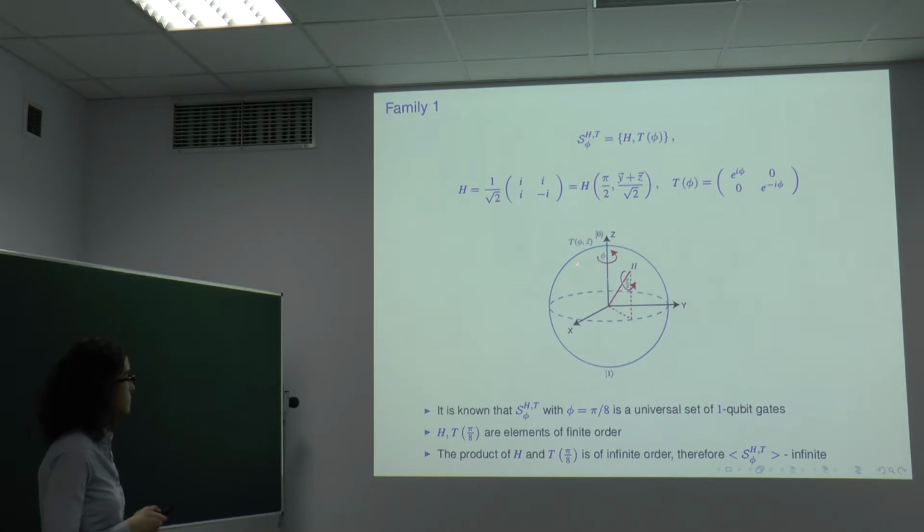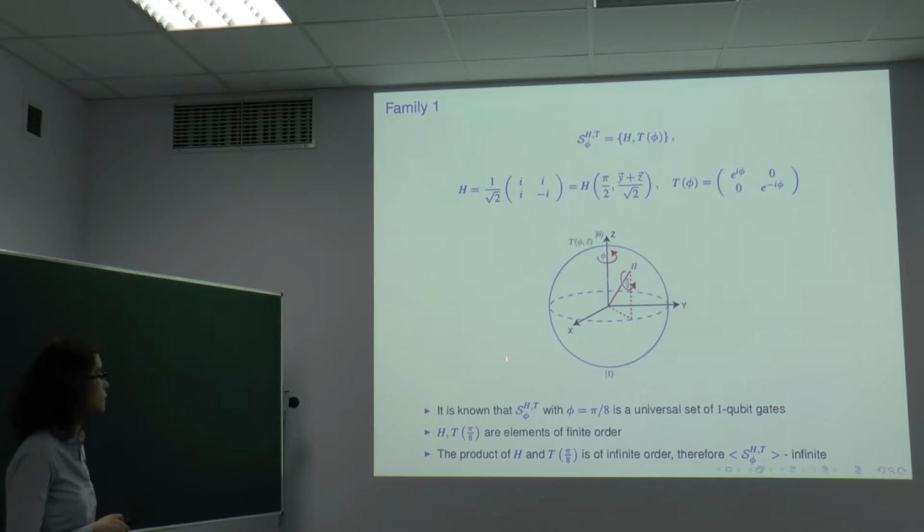This picture presents the Hadamard gate and the T gate. It is known that this set for the angle phi equal to pi over 8 is a universal set of 1 qubit gates.